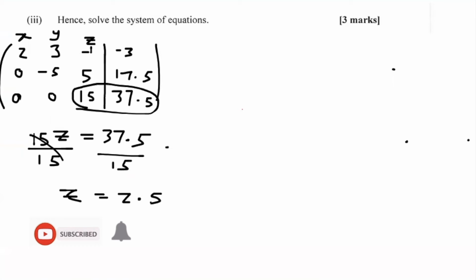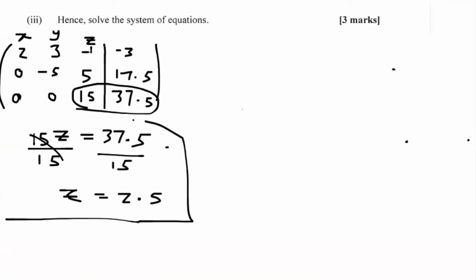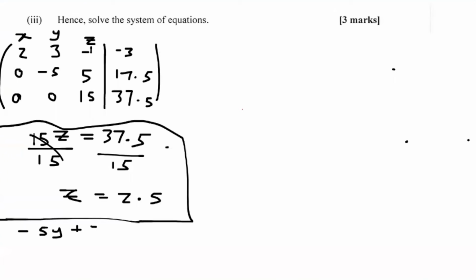Now I can go ahead and find out what is y using the second row where I have 0, minus 5, 5, 17.5. So I will be creating an equation with row 2. So the equation will be minus 5y plus 5z equal 17.5. Now, I know what is the value of z, so I will be replacing z to be 2.5.